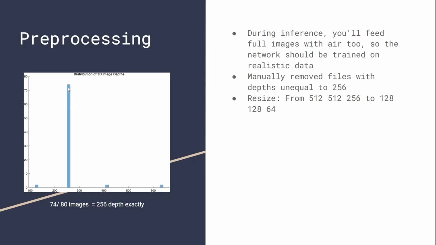We decided to remove those images as we wanted to make our data set as consistent as possible. We also chose to resize our images from their original size of 512 by 512 by 256 to 128 by 128 by 64 to make the training of our model more efficient.